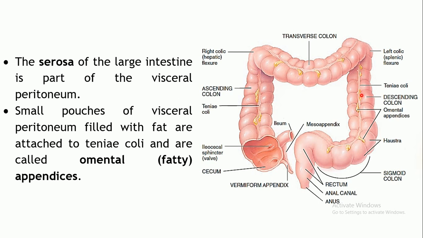These are fat-filled pouches of the peritoneum covering the large intestine, known as omental appendices, or fatty appendices, which are attached to the taeniae coli throughout the length of the large intestine. So this is to do with the anatomy, histology and physiology of the large intestine, which is the last part of the GI tract.